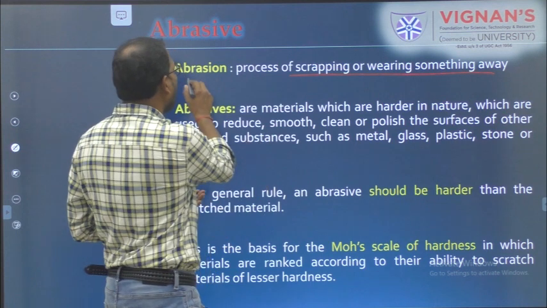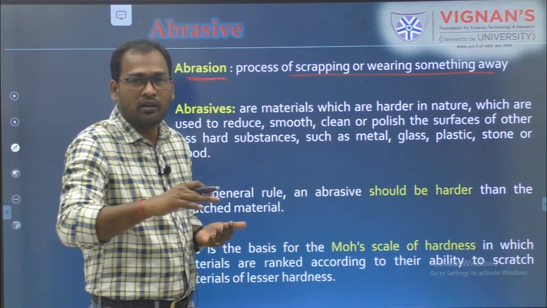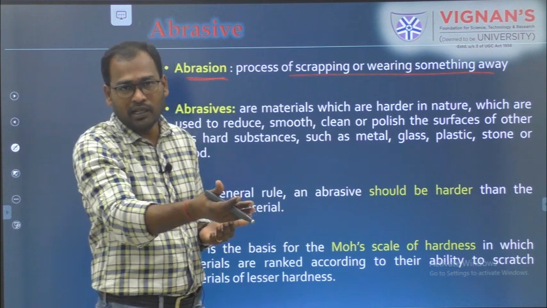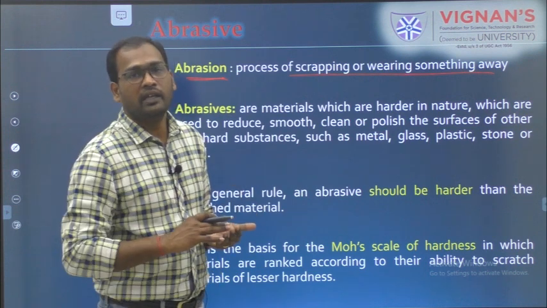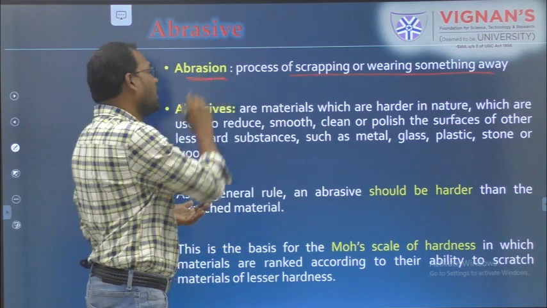Whatever happens on the surface that affects the material and makes the surface irregular, that process is called abrasion.